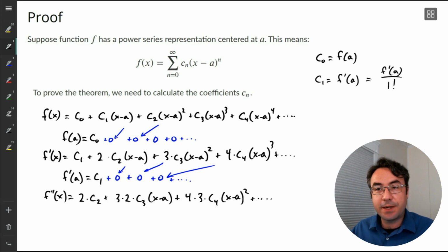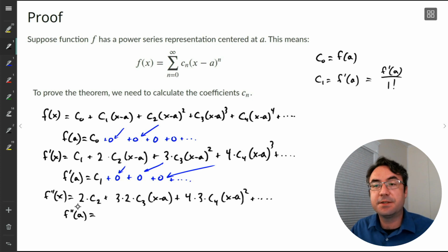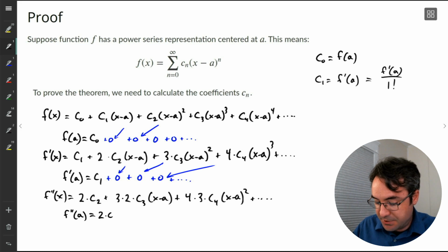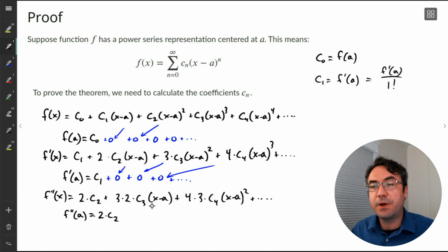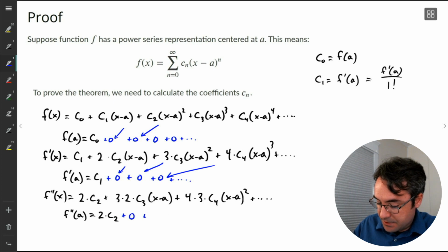And same trick. Now let's plug in a. And so what we're going to get is this contribution from the first piece, the 2 times c2. But whenever we plug a into these terms that have an x minus a factor, we're just going to get 0. So it'll just be plus 0, and so on.